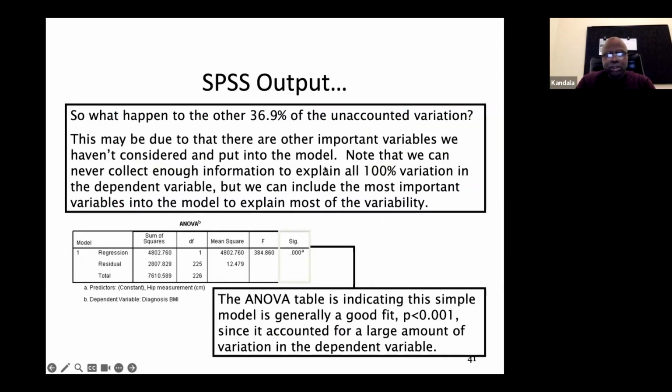So perhaps if people have trouble with this step here, what is the coefficient of variation, for example, the 36.9%, and so on, please ask some question. And I'm assuming here that you are familiar with this concept of coefficient of variation and so on.